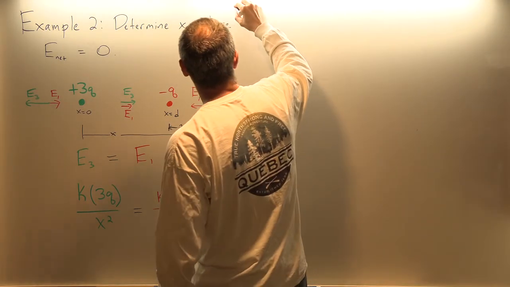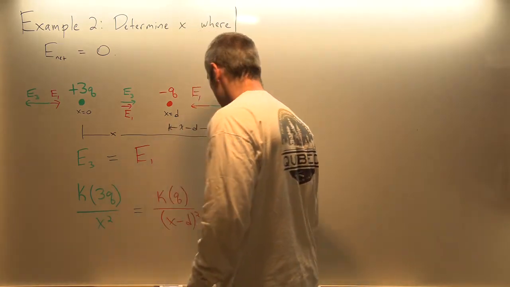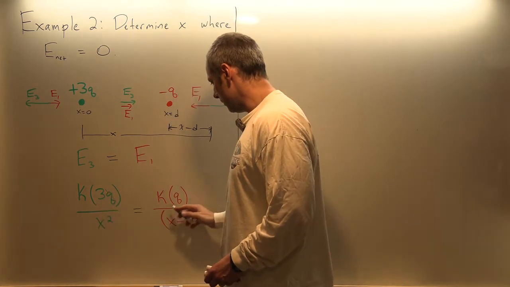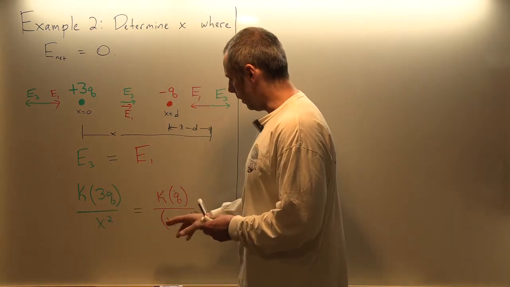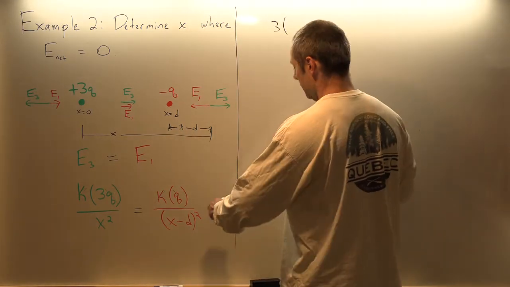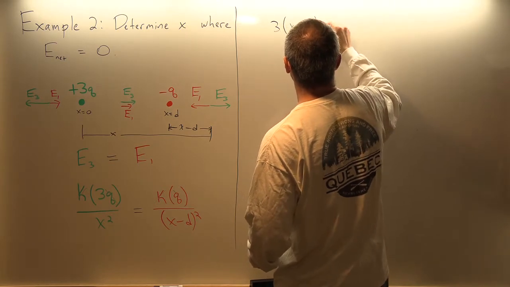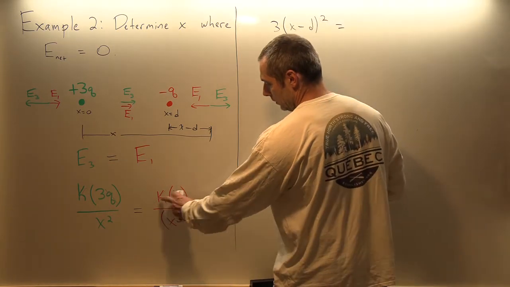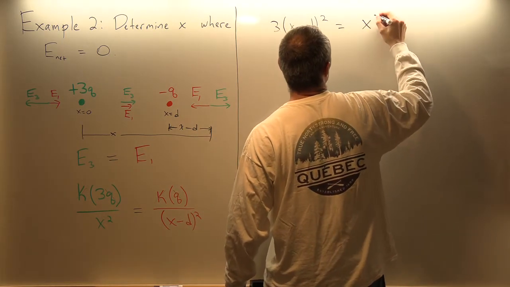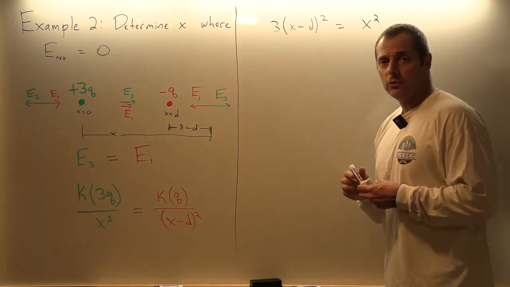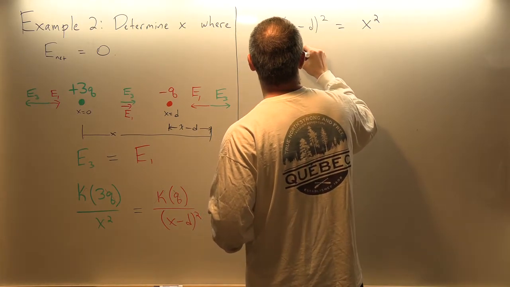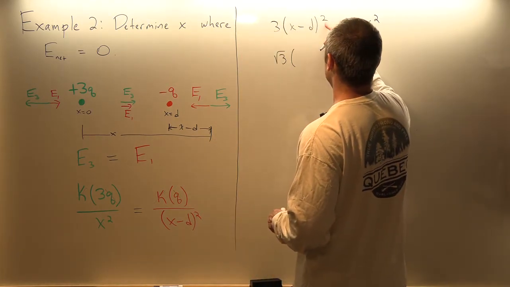All right, so the k's go away, as does the variable q. We can cross multiply here and get 3 times x minus d squared. On this side, there's only 1 here, multiplied by x squared gives us just x squared. What I'm going to do next is take the square root of both sides. So I have radical 3, parentheses, x minus d, equals x, since the square root gets rid of that squared.